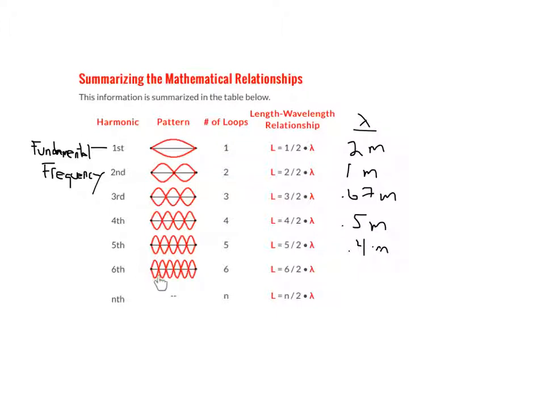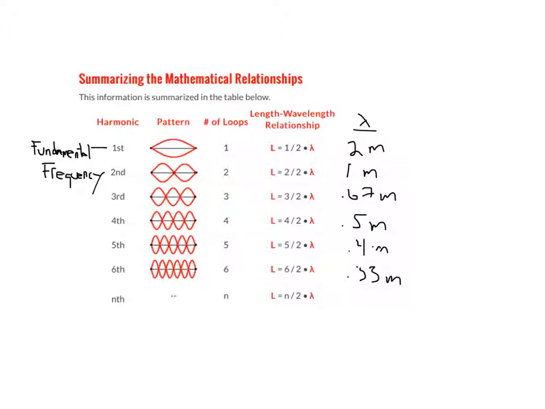And then to the sixth harmonic, there are 6 of these. So each half wave is 0.166. So a whole wave here would be 0.33 meters. So what's interesting, a couple things. Qualitatively, we see as the harmonics increase, wavelength decreases.